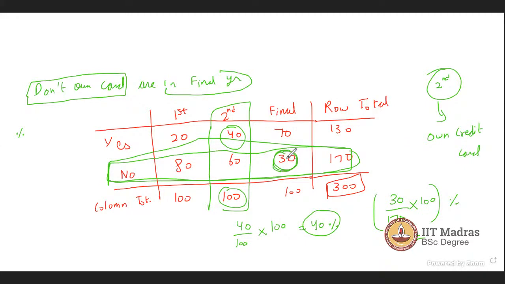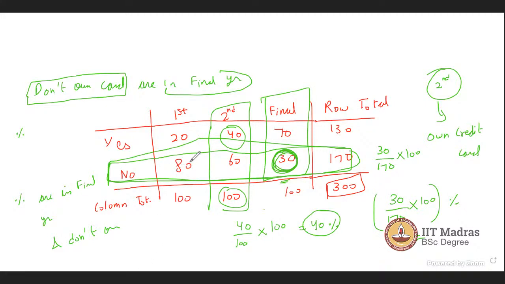That value is 30. If my question is the percentage of students who are in final year and don't own a credit card, then I will look at this row and then 30 by 100. So you just have to read the question statement carefully.